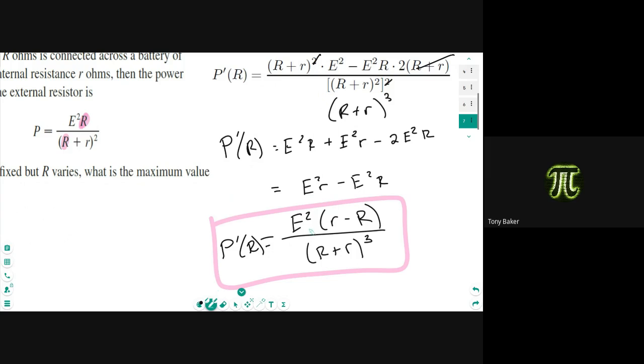So e squared is constant, right? So that can't be 0. R plus R, if I said they're all positive, could that ever be 0? No, because you can't add two positive numbers and get a 0. So the only piece that could possibly be 0 is that. So how does that actually become 0? Right, if R equals R. So big R has to equal little r. That's the only way there's 0.